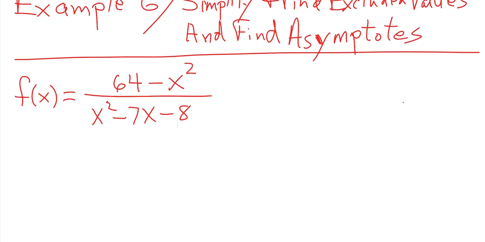So our function is f of x equals 64 minus x squared divided by x squared minus 7x minus 8. Now remember, our process is to factor and then cancel out any common factors, leaving a simplified expression.